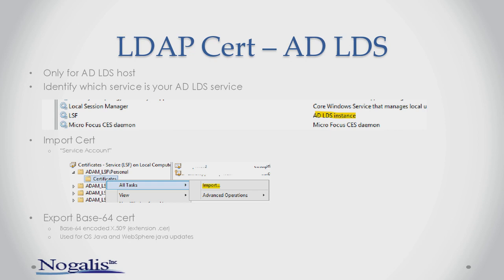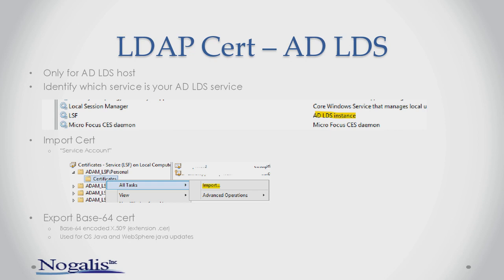So you'll open Microsoft Services and look to see what that service is called. And then you'll open a Microsoft Management Console and add the certificate snap-in. And when you're going through that wizard adding the snap-in, you want to make sure that you're adding it for a service account, and then you select that AD/LDS service.